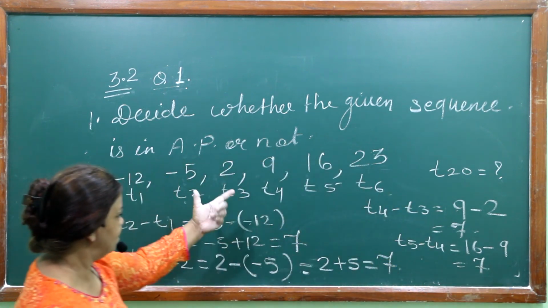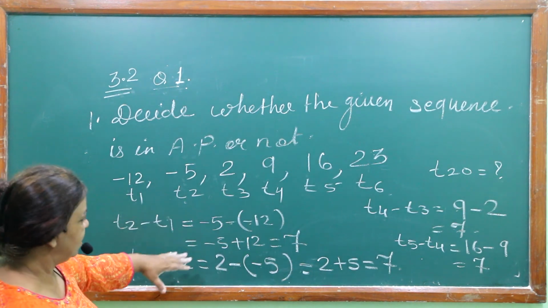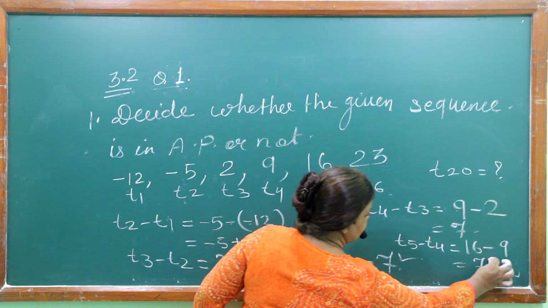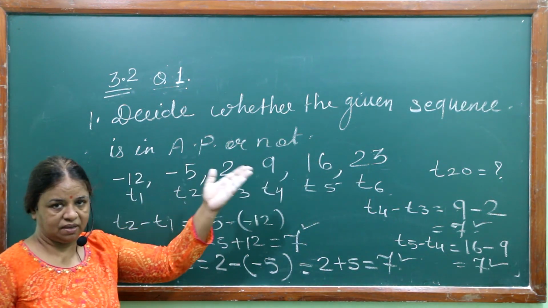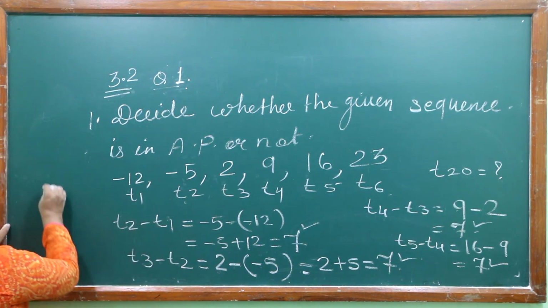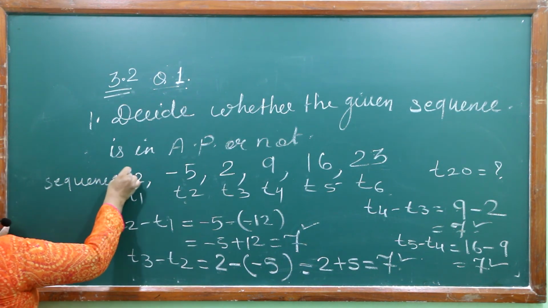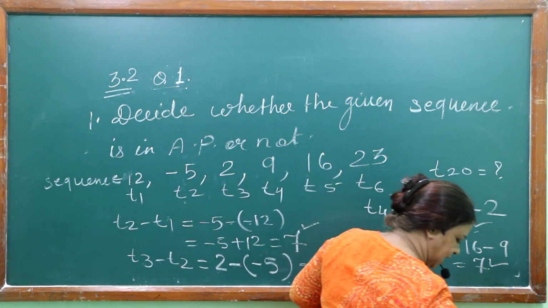So every time I take any two consecutive terms, the difference is the same. See, 7, 7, 7, 7. So the given sequence is in AP. Children, the sequence is in AP.